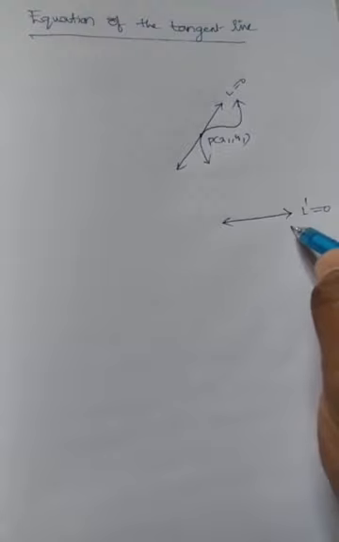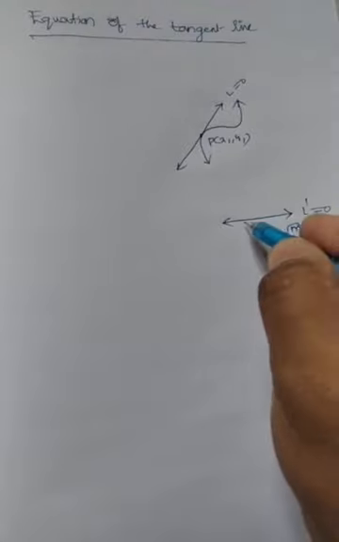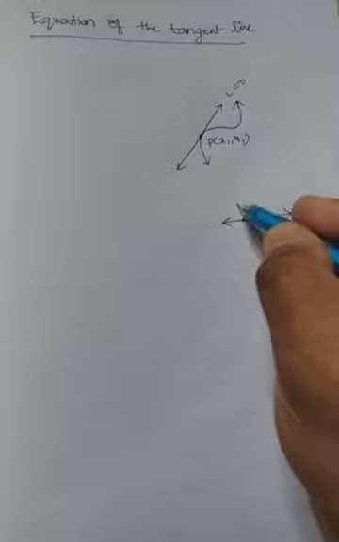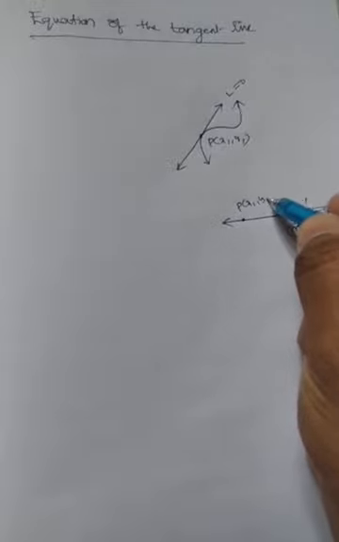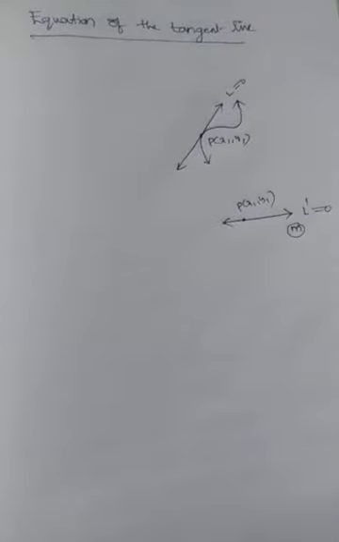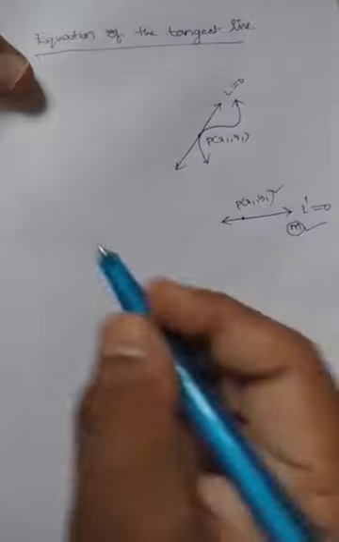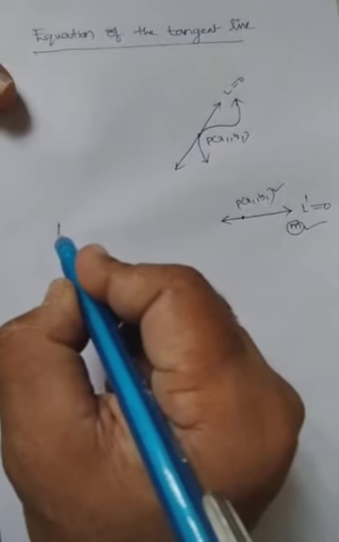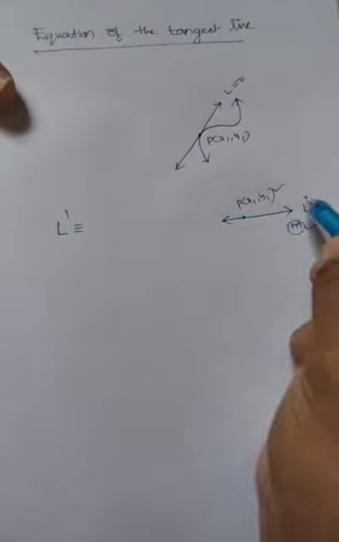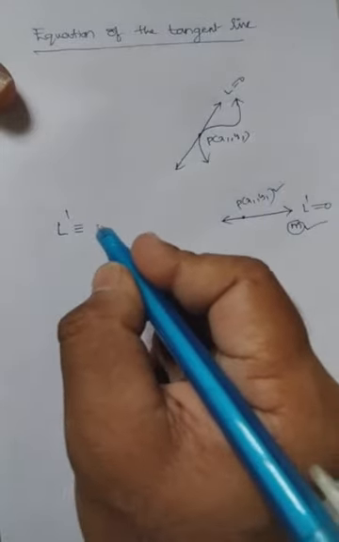We know its slope m, and we know a point on the line P of x1 comma y1. Whenever you have these two values, the slope and a point on the line, then you can find the equation of the line, L dash equals 0. What is the formula?